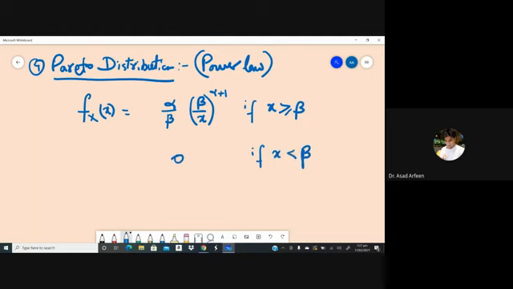This is the formula for the density of the Pareto distribution.